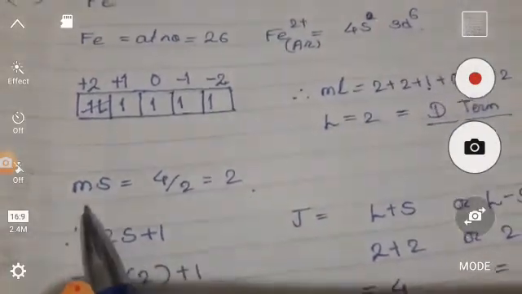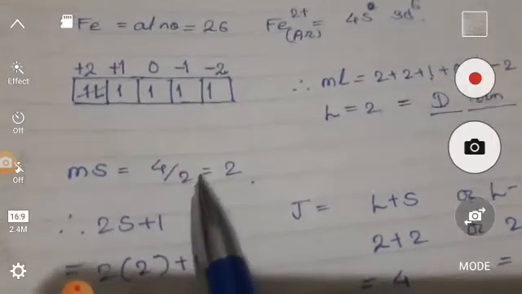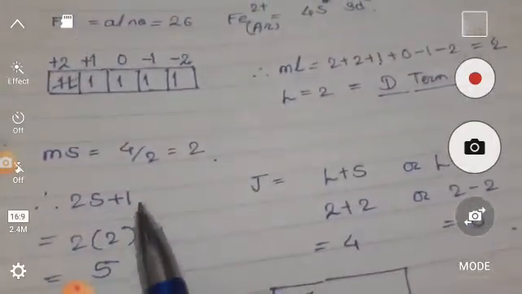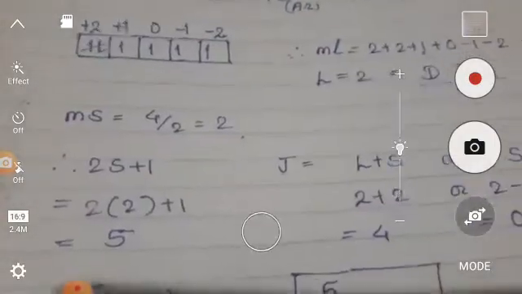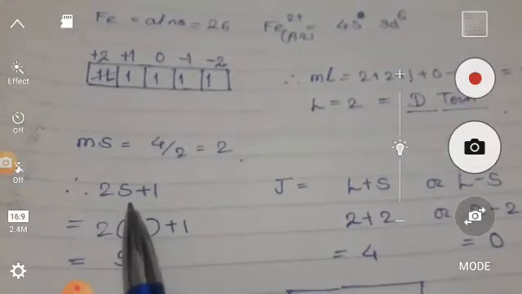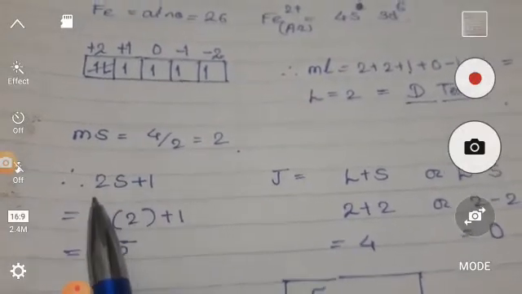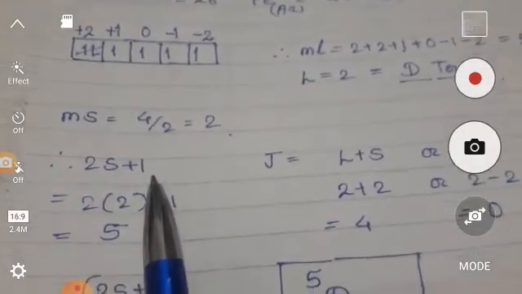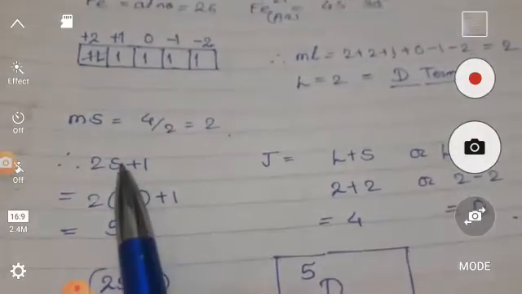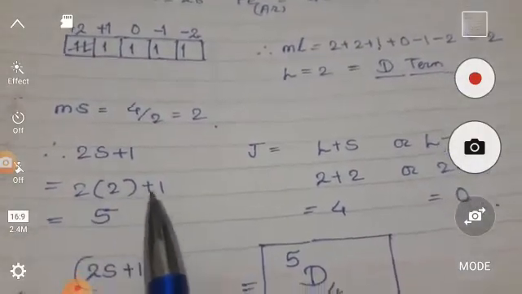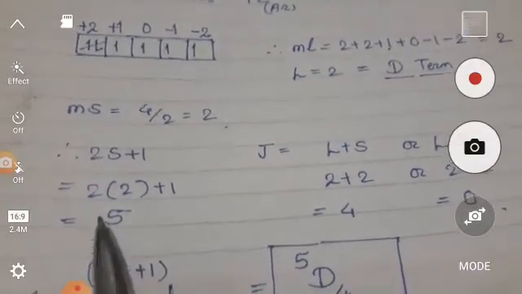So total ms is equal to 4 by 2, which is equal to 2. Okay, so 2S plus 1. So S is equal to 2. Now put that value of S into the formula 2S plus 1, the spin multiplicity. Okay, now 2 into 2, S is equal to 2, that's why 2 into 2 plus 1 is equal to 5. So it is pentate.